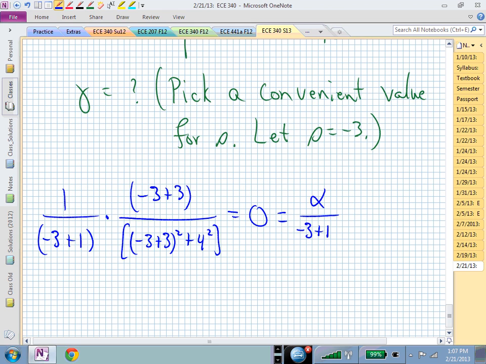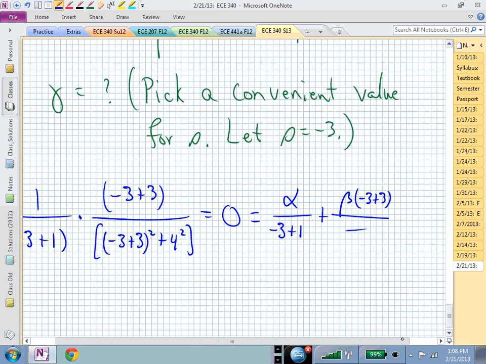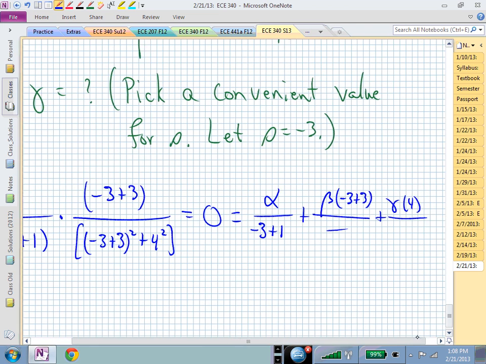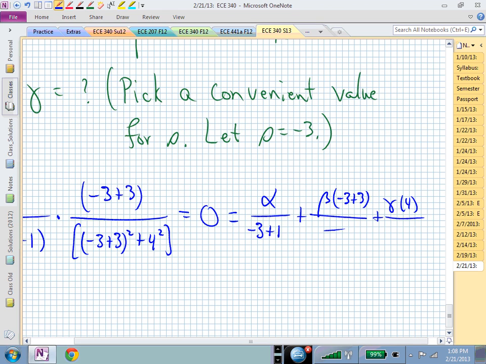I have to keep that. Then I had this beta term, but that was now in the numerator s plus 3 over that denominator. I'm not going to write that down. I'm running out of patience and room. I now have minus 3 plus 3 plus the gamma times 4 over, now I will go ahead and write it down. I had the minus 3 plus 3 squared plus 4 squared.